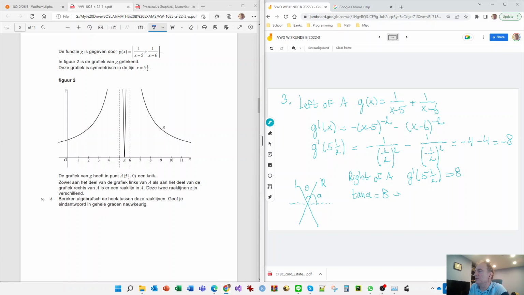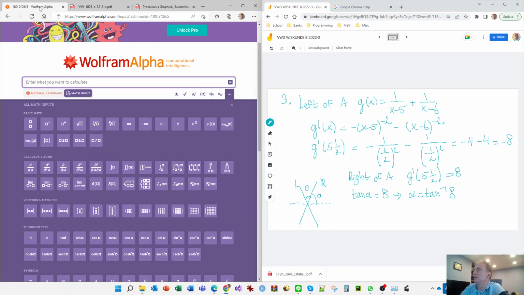That means that alpha is the inverse tangent of 8. So let's put that in the calculator.